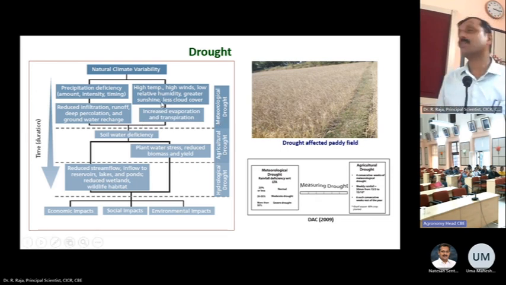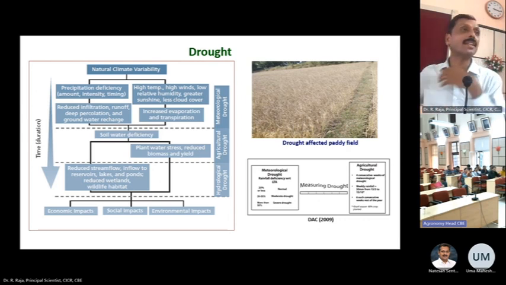What happens? Because there is no rain, no water to infiltrate, and soil moisture availability decreases. So that will result in soil water deficiency. Okay. For the crop growth in the root zone, if you do not have sufficient moisture, then agriculture drought will come.